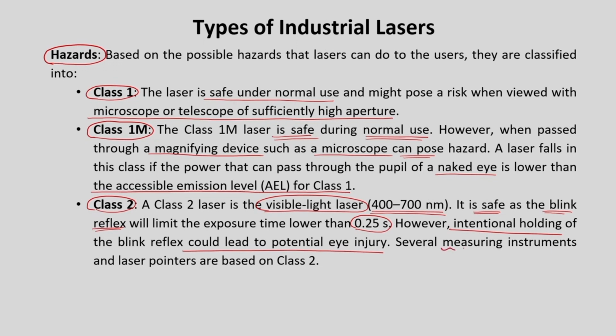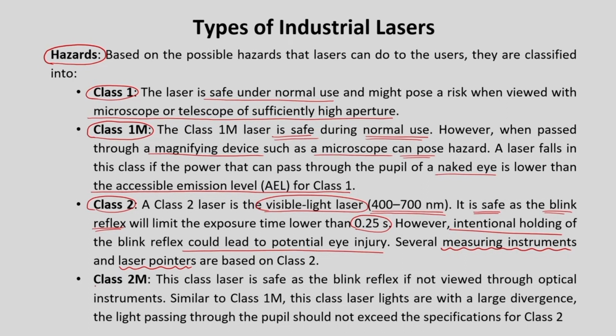Several measuring instruments in our laboratories and laser pointers come under this class 2 type of lasers. Then there is another class, the class 2M. This class of laser is safe due to the blink reflex if not viewed through optical instruments.